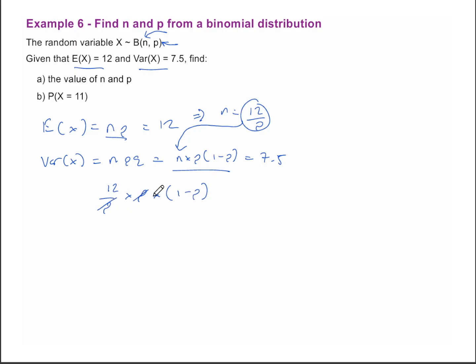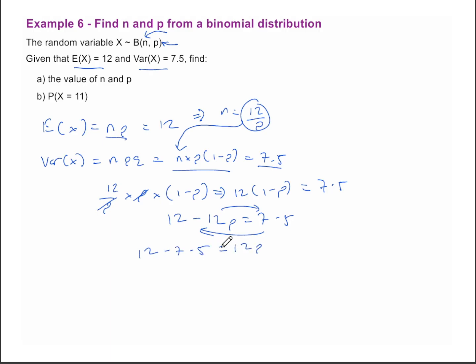We can cancel out the p's here, and that just gives us 12 times 1 minus p is equal to our 7.5, which gives us that 12 minus 12p is equal to 7.5. Rewriting it, this will give us 12 minus 7.5 is equal to 12p, which gives us 4.5 is equal to 12p, divided by 12 on both sides. We get that our probability of success p is equal to 0.375.